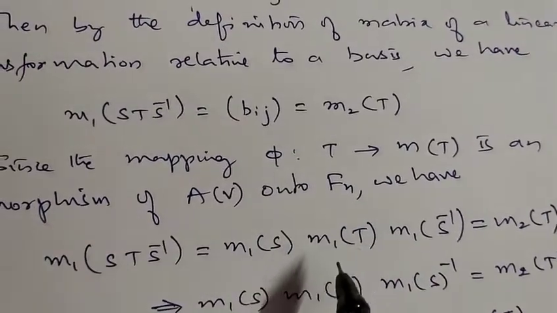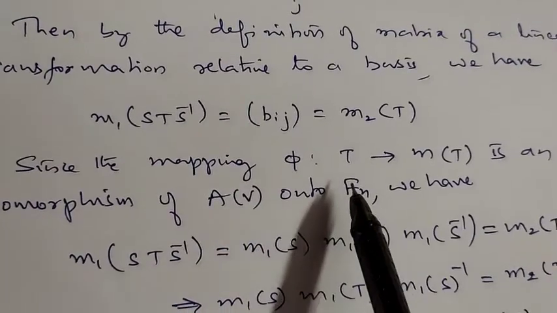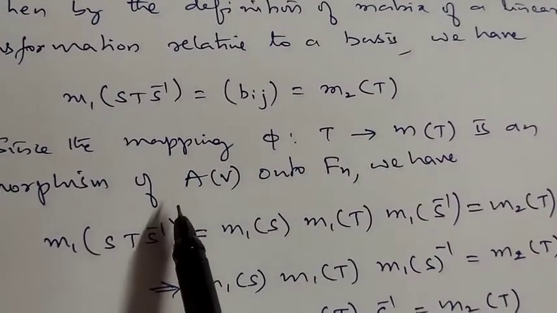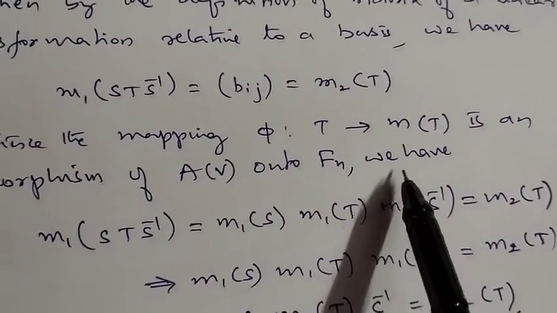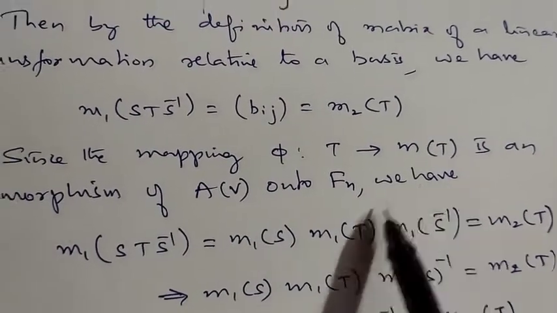But we know that the mapping which maps every transformation to its matrix is an isomorphism of A of V onto Fn. This we have shown in the last class. Therefore, this is an isomorphism, meaning it is linear, a homomorphism.